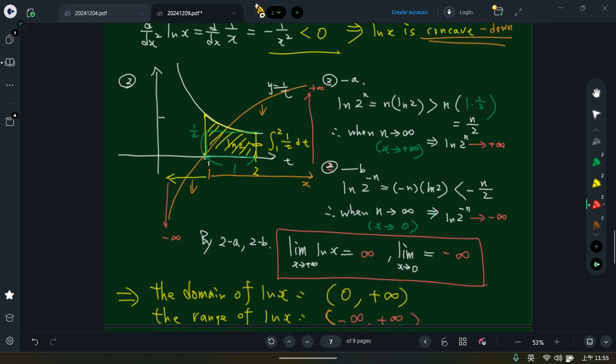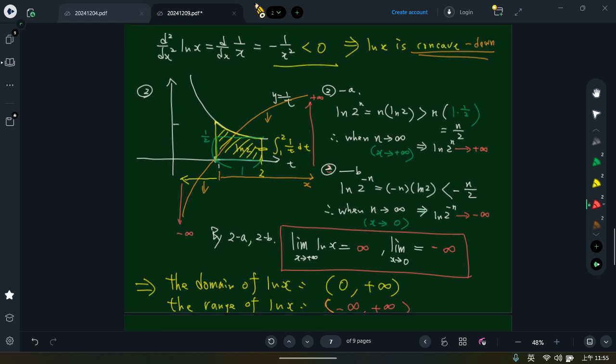That's very important. So we can roughly conclude that when s is approaching positive infinity, the function value will go to positive infinity. When s is approaching 0, the function value will go to negative infinity.